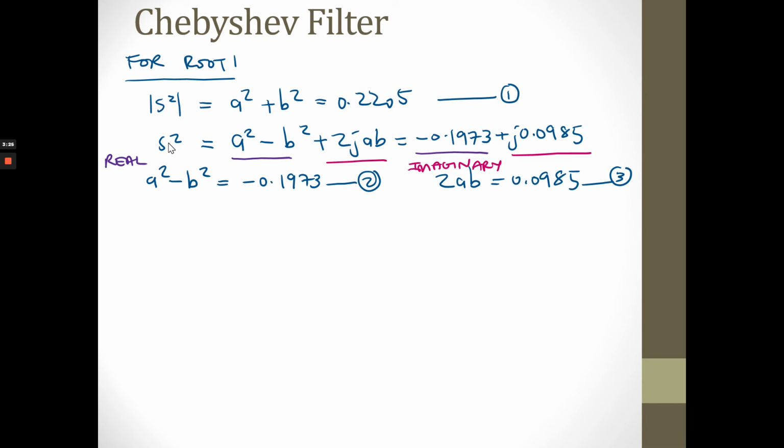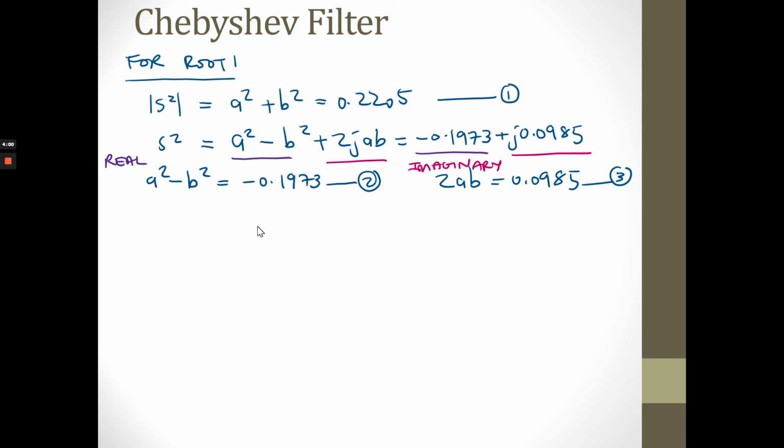And then based on the s squared function for complex values, we have a squared minus b squared for the real part plus 2jab for the imaginary part, where for root 1 we have these complex values. Then equalizing to this equation, we have the real part a squared minus b squared equal to this value, and for the imaginary part 2ab equal to this value. So this is equation number 2 and this is equation number 3.